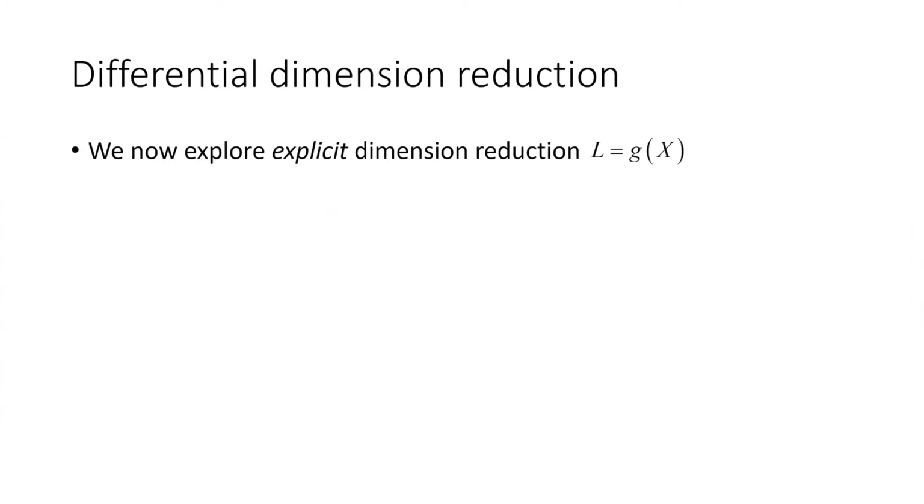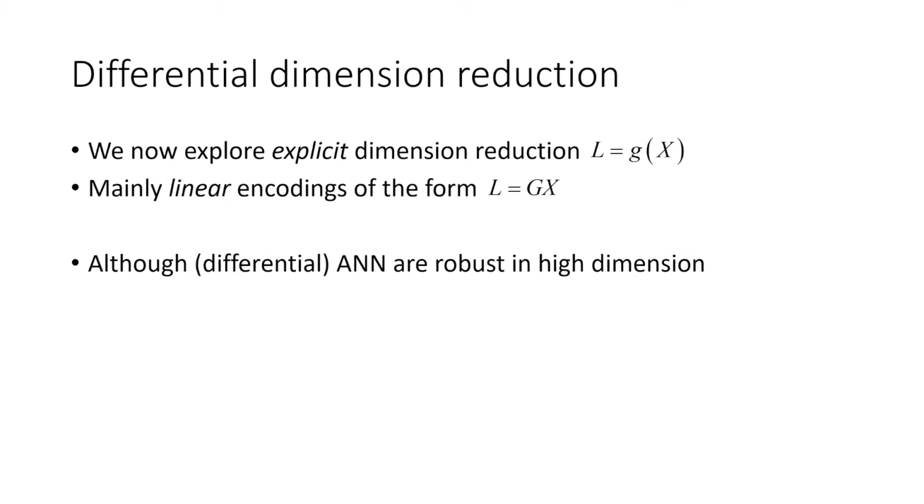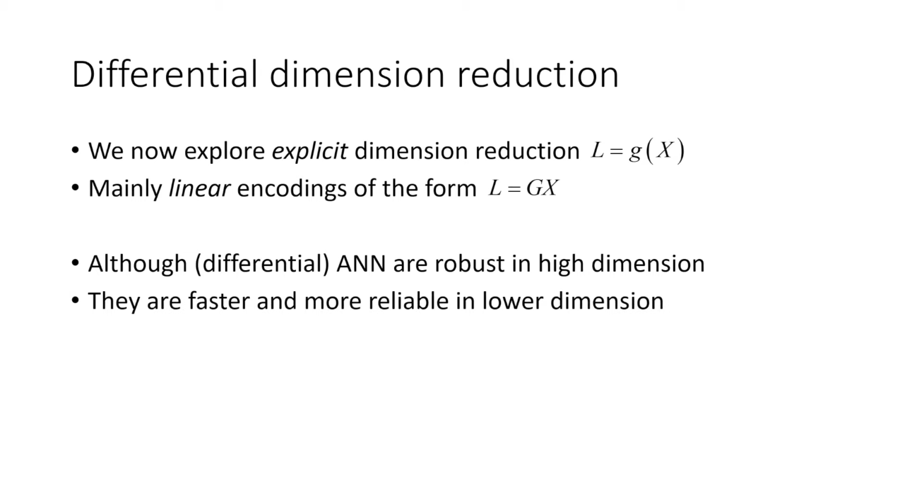In what follows, we explore explicit dimension reduction, that is, the design of safe encoders L equal to g of x, and more specifically, linear encoders of the form L equal to capital G times x. Although ANNs are robust in high dimension, they are more effective in lower dimension.